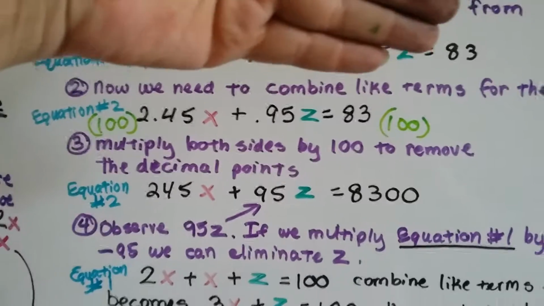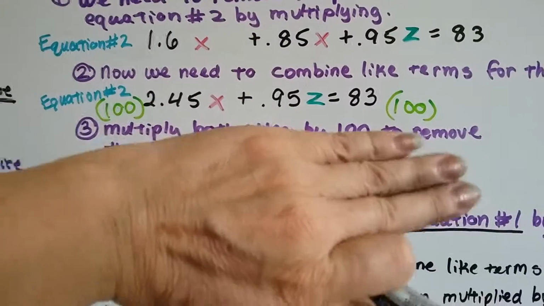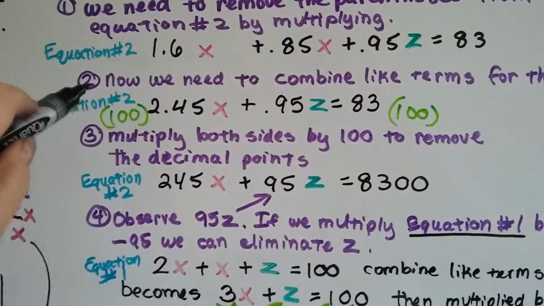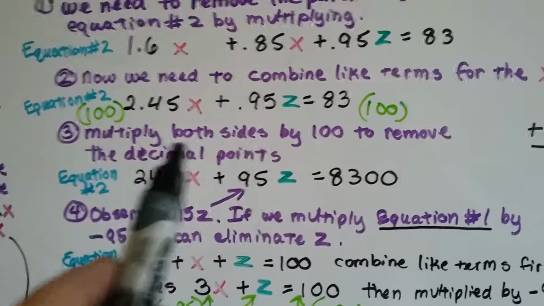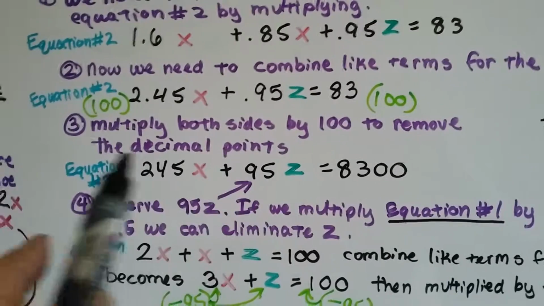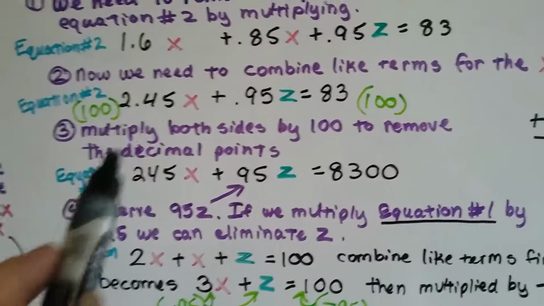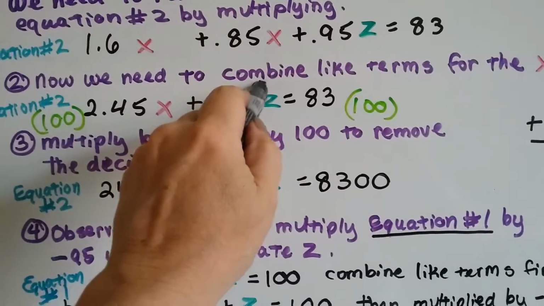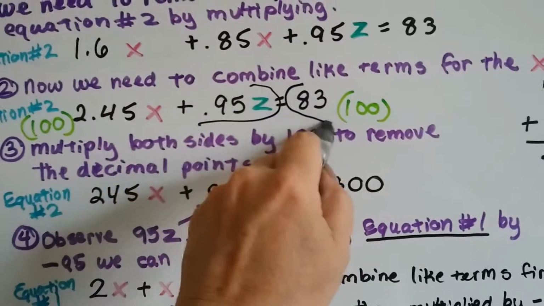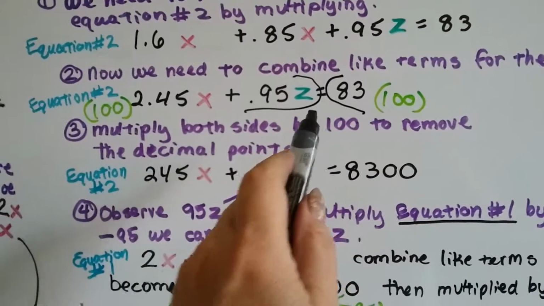All right, so now we're right here. We're on stage 2, and this is equation 2 still. So we need to multiply both sides by 100 for number 3 here to remove these decimal points, and we do. We multiply this side by 100, and we multiply this side of the equal sign by 100.